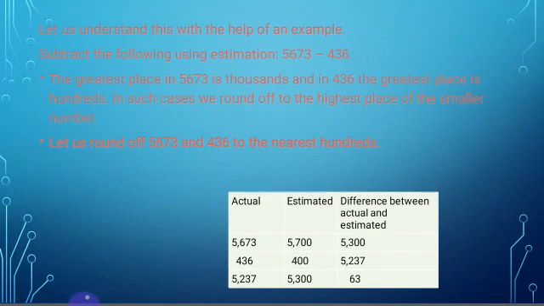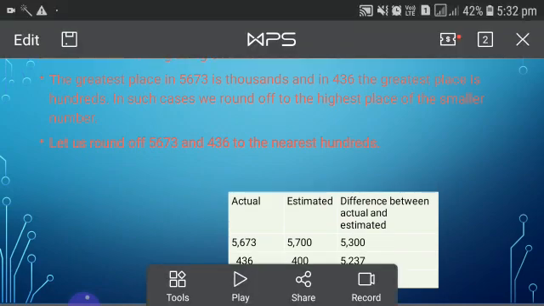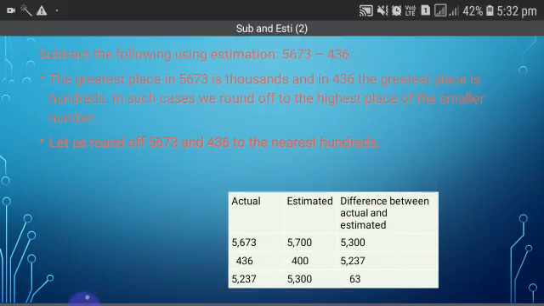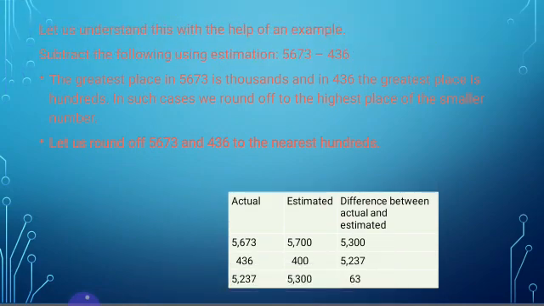If you observe the example solved below, the actual number 5673 is rounded off to 5700 and 436 is rounded off to 400. So the actual difference is 5237 and the estimated difference is 5300.